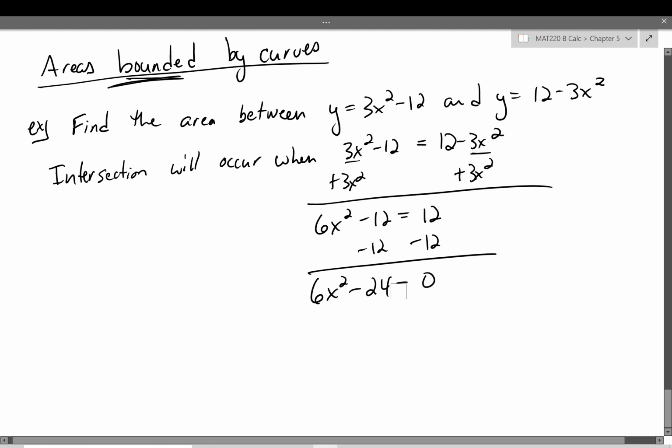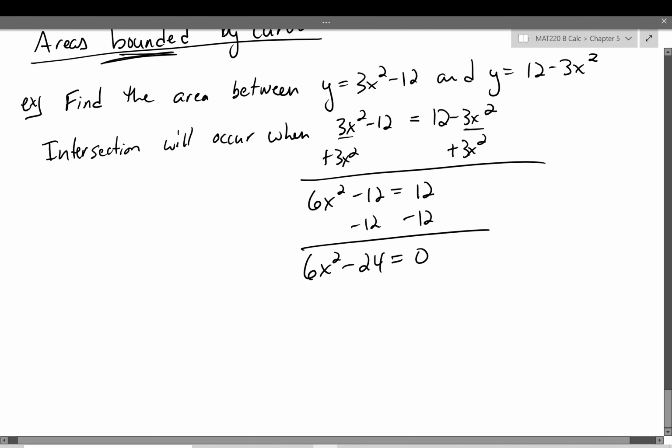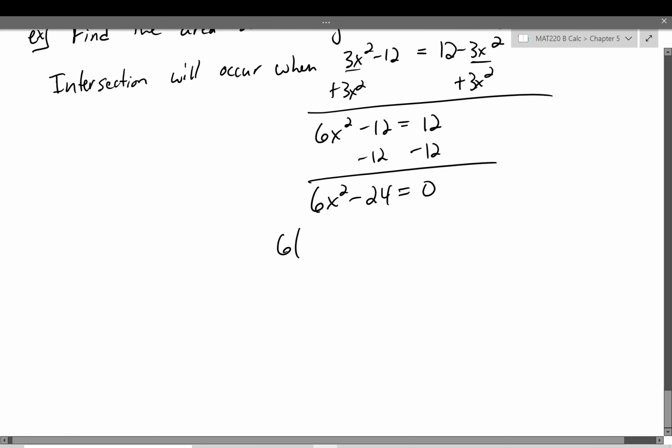Now I got this equal to 0 because I have x squared terms. And as soon as I see x squared, I'm going to set it equal to 0 so I can factor or use the quadratic formula. So here I'm going to factor out this 6 to give me 6 times x squared minus 4. Now I know if I wanted to, I can divide both sides by 6, and that's just going to give me x squared minus 4.